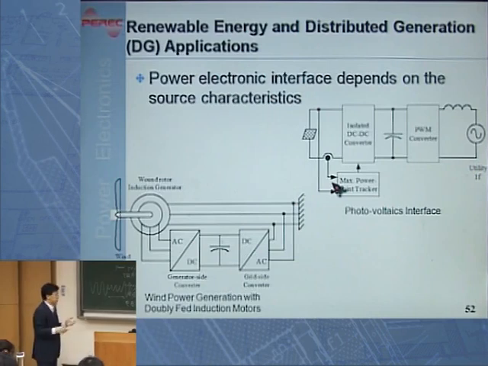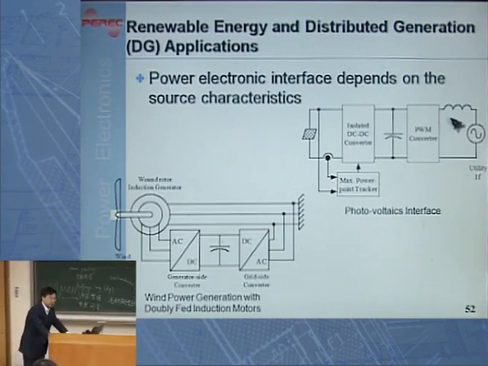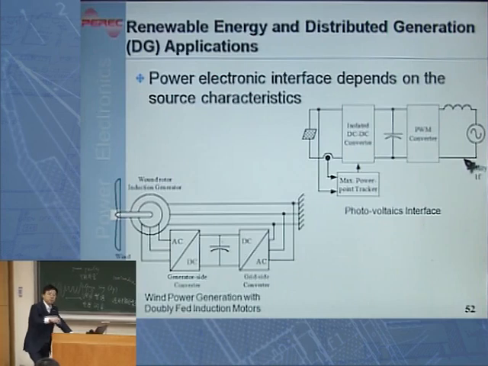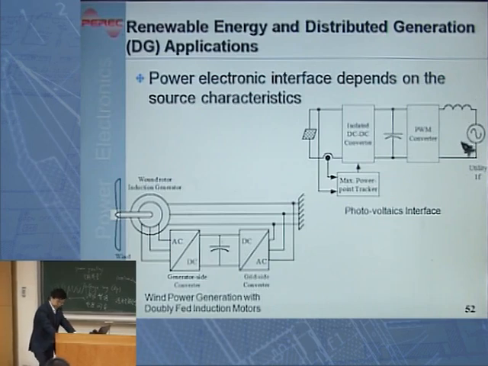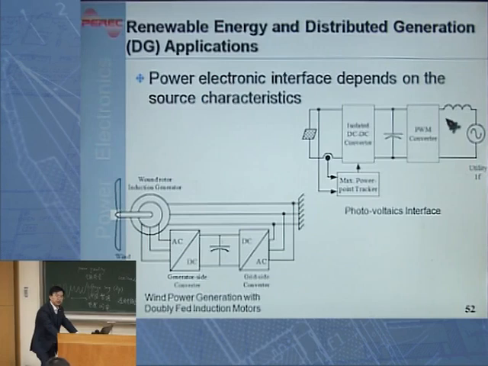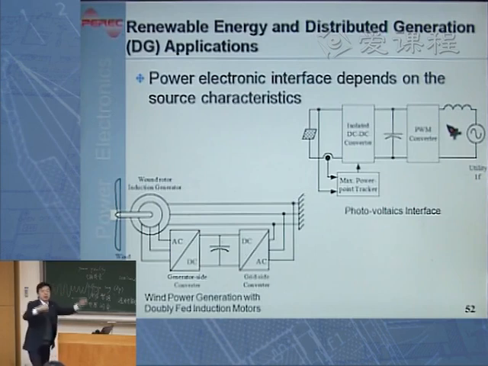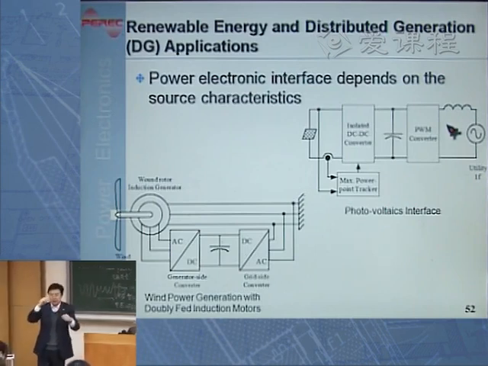In order to be connected with the AC utility grid, or for the load user to be able to use it, you have to have a DC to AC converter to connect that DC energy with the AC network. So you still have to use a DC to AC converter. So that's two typical examples.